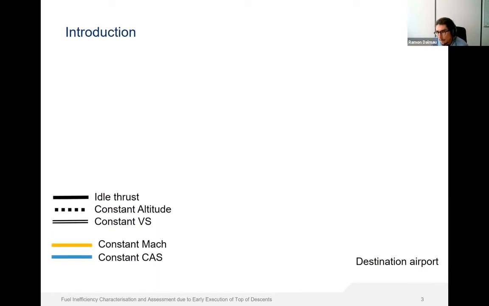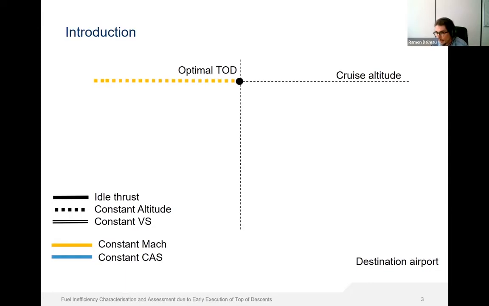The optimal trajectory plan for the descent phase is computed by the flight management system while the aircraft is still in the cruise phase. The trajectory plan is computed by backwards integration, starting at the destination airport and going backwards until reaching the cruise altitude.